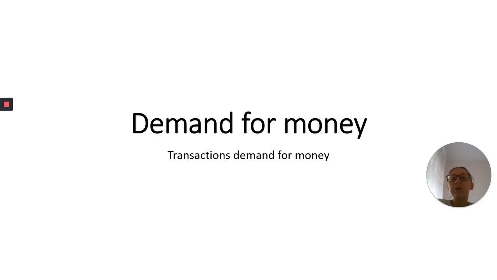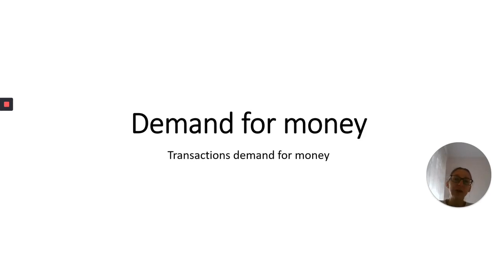And we start with the most important one, the major function of money. This is to ease the exchange, or to help with transactions. We are going to call this transactions demand for money, though in all the cases today when I say just demand for money, I'm going to mean transactions demand for money in particular.